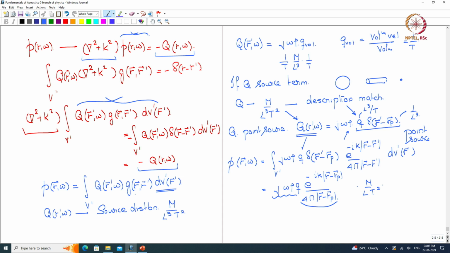So now what do we have here? The P(r, omega) has pressure units, which is m over L t square, and the Green function has 1 over L units. So in order to get from this, we need m over L t square.